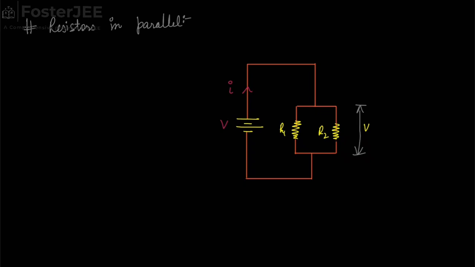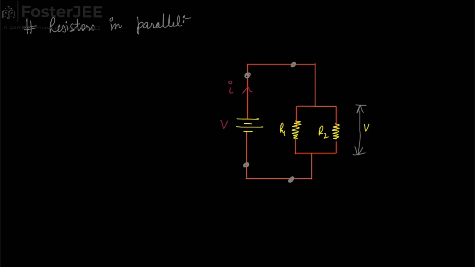There is one more trick of seeing this: what will be the potential across these 2 points? That will be V. This is plus V and this is 0. So the potential difference is V minus 0, that is V. Similarly, what will be the potential difference across these 2 points?